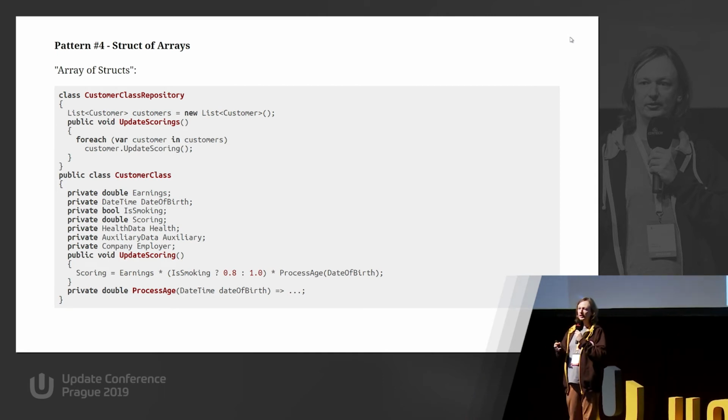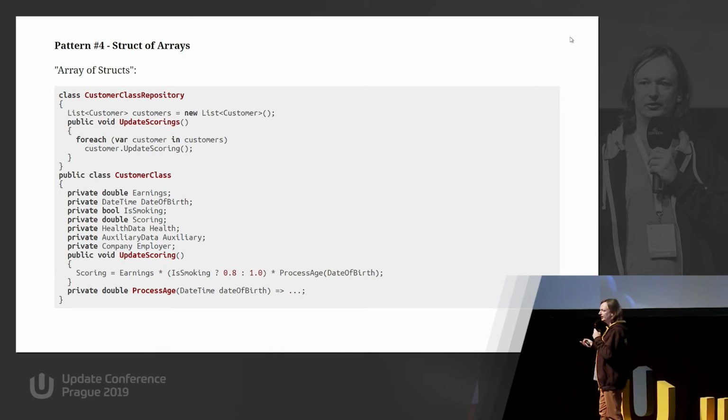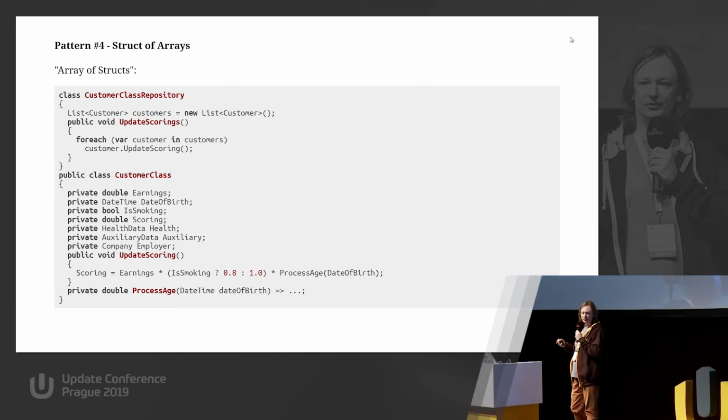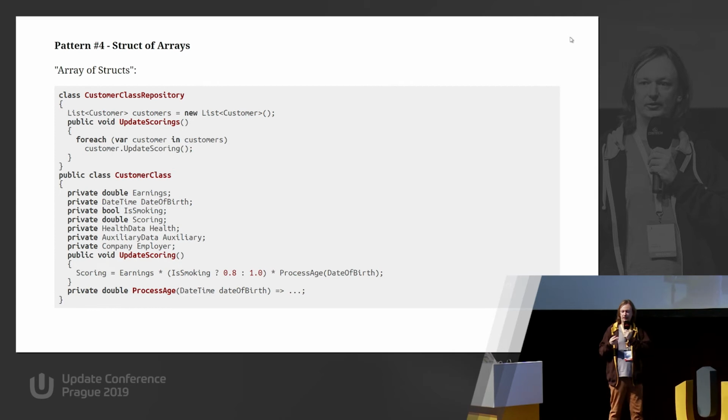This is how we would write it in the original way. So we have a perfect object-oriented design here. We have a class, which is a container, just a repository for customers. Customer is perfectly modeled in an object-oriented way. It has private fields which are not accessed.